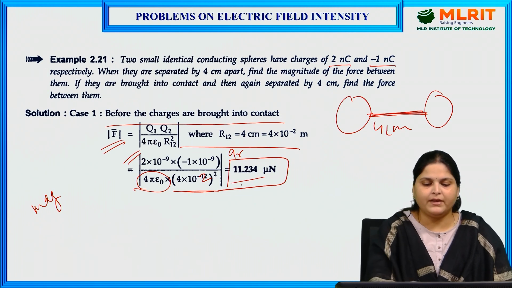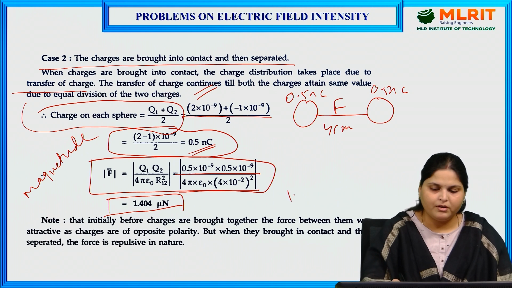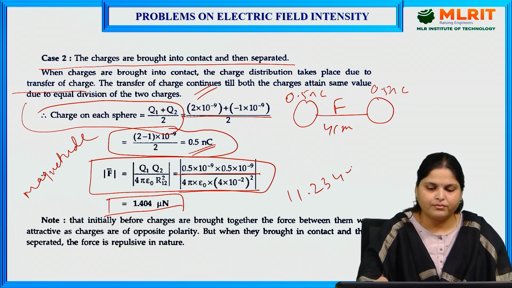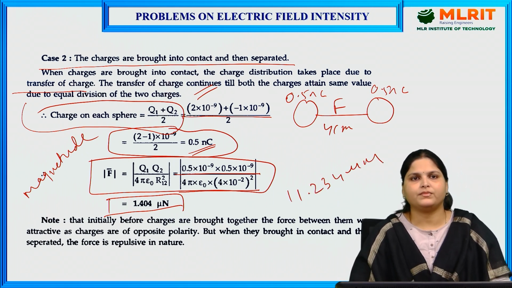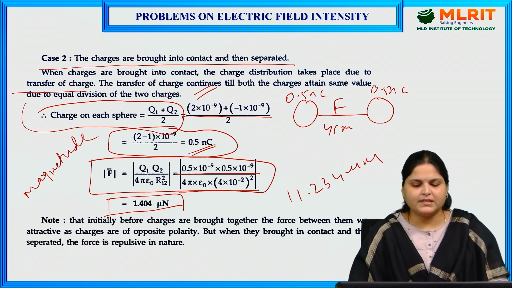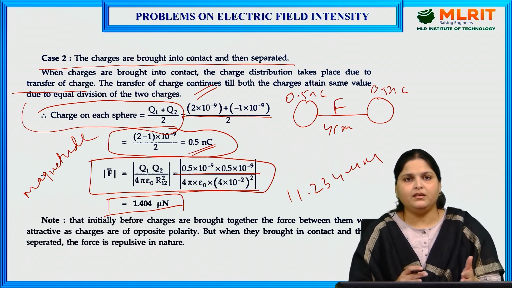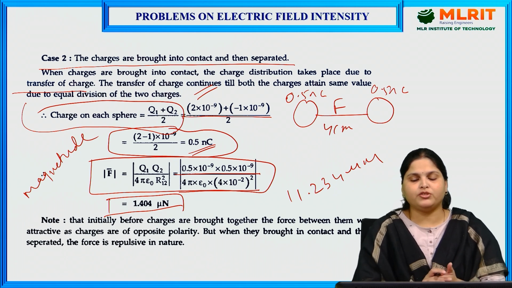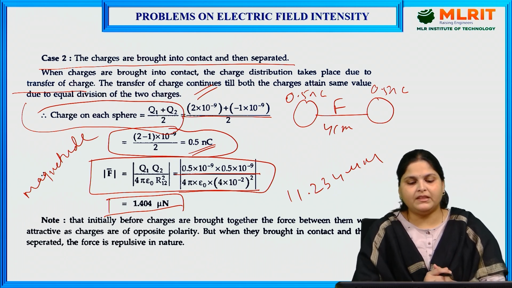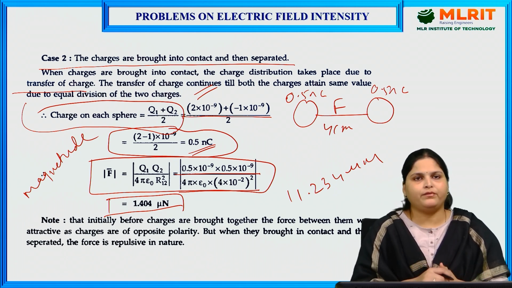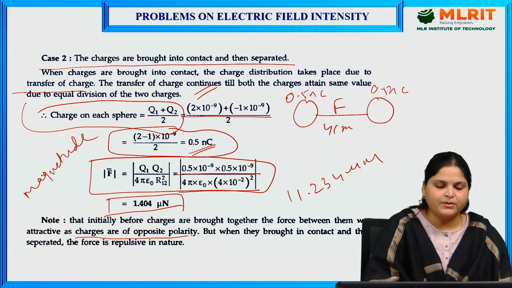Now we will see what we have got in the first case. We have got 11.234 micronewton, right? So what we are understanding by that is that initially, before the charges were brought together, the force between them was attractive, as the charges are of opposite polarity.